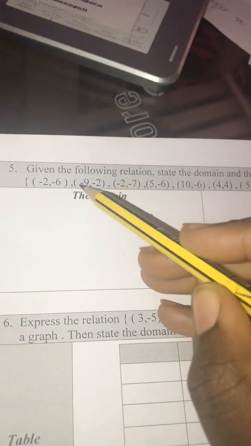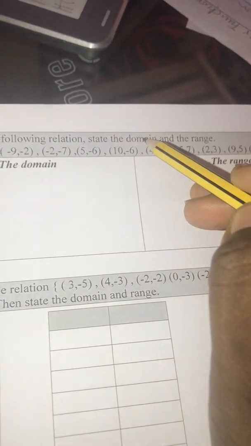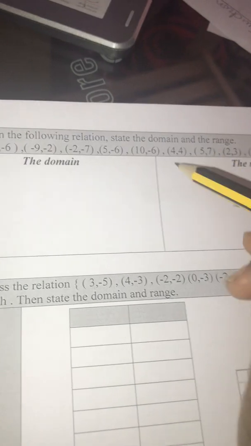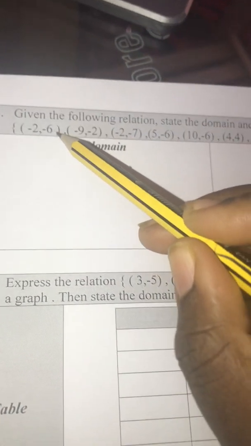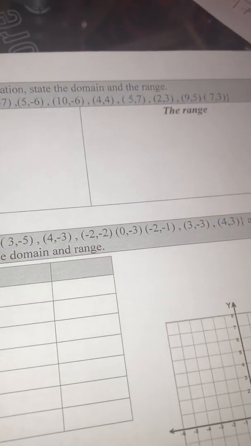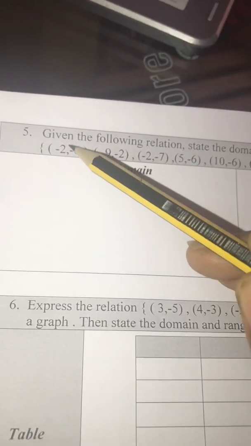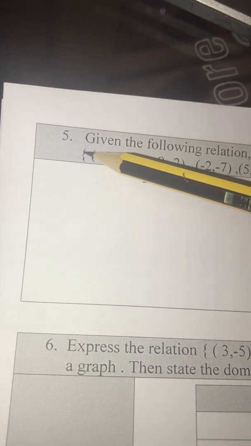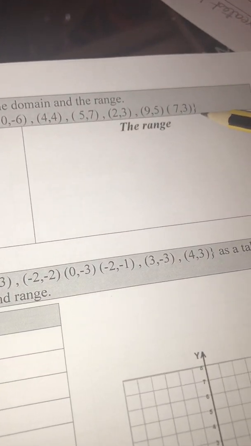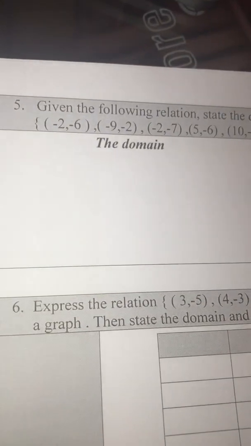Let us see the meaning of this. Okay. You have been given the following relation. State the domain and the range. So this is the relation they gave it to you. These are ordered pairs. And how do I know they're in a relation? Because they have used braces. Okay?